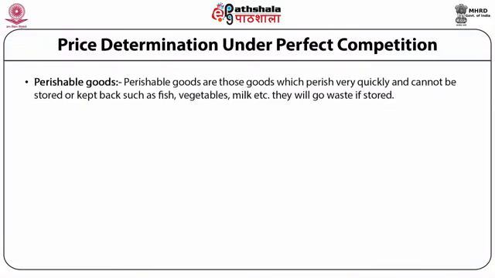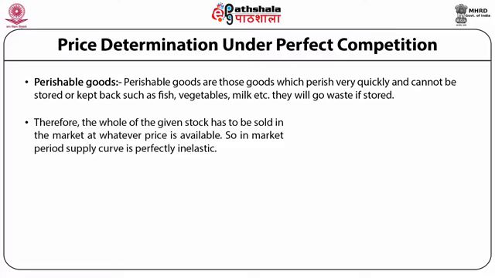Perishable goods are those goods which perish very quickly and cannot be stored or kept back, such as fish, vegetables, milk, etc. They will go waste if stored. Therefore, the whole of the given stock has to be sold in the market at whatever price is available.